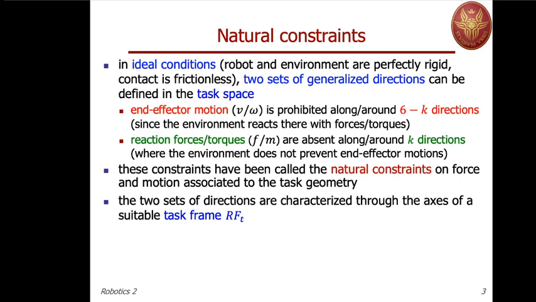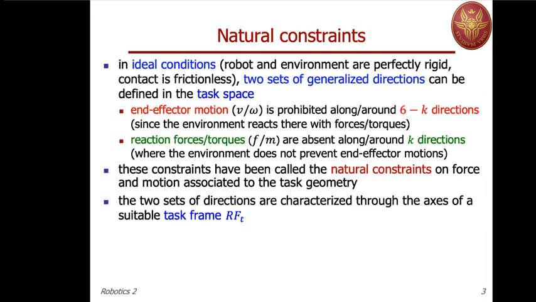And then there are other directions where the environment is not able to generate any reaction forces. This is complementary to the previous one, so there will be k such directions, so that the robot in those directions is free to move, but on the other side we cannot try to apply forces in those directions because the environment will not react to these forces, and so these forces will be transformed into acceleration.